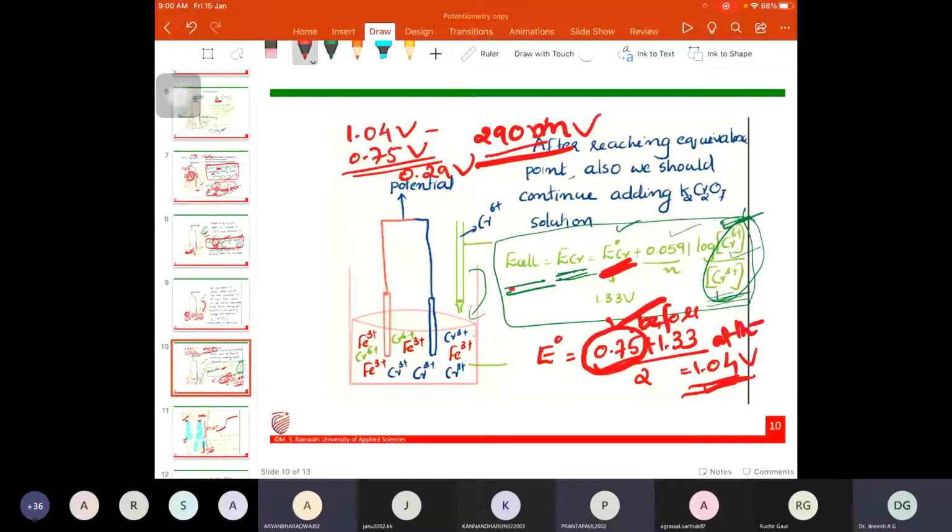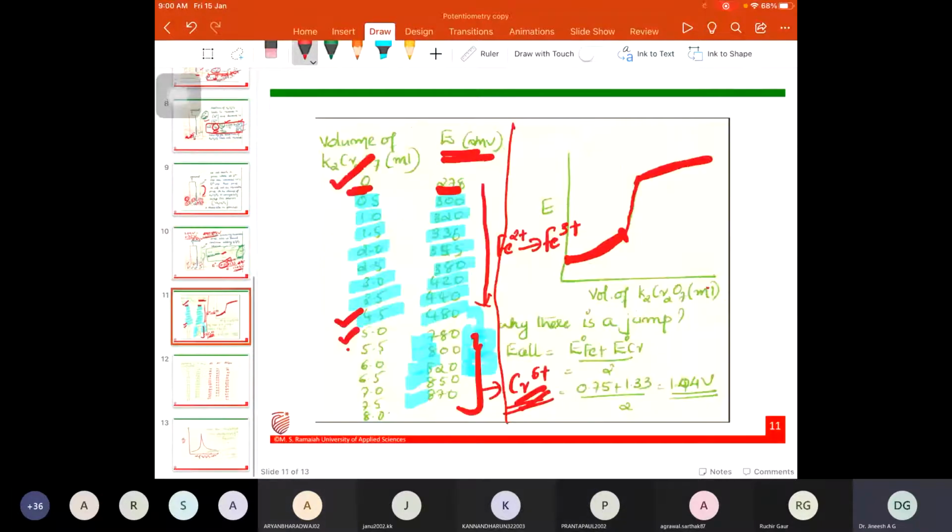So the jump is somewhere around 290, around 300 millivolt. Now you know why there is a 290 or 300 millivolt sudden jump.